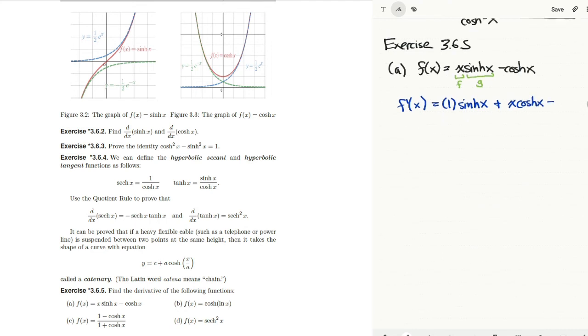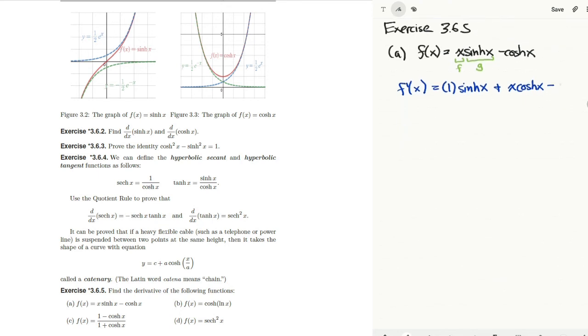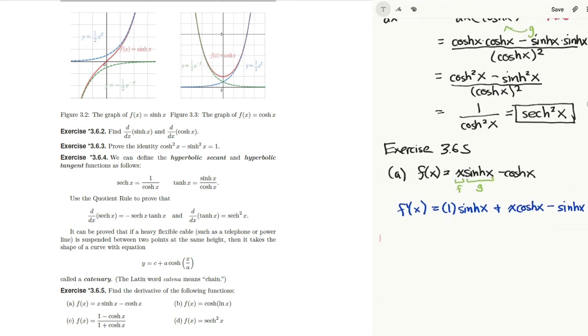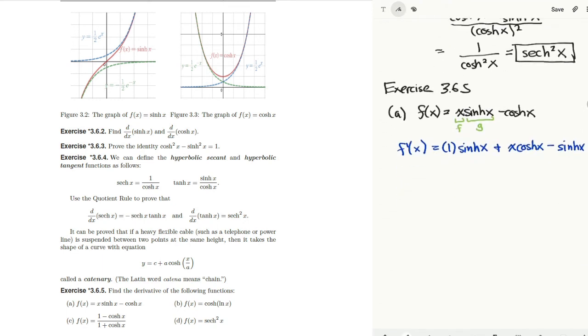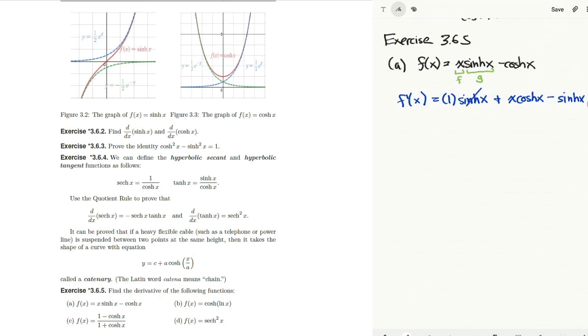And then we subtract the derivative of cosh, which is sinh. Now let's simplify. We can cancel sinh and negative sinh, which gives us x times cosh of x.